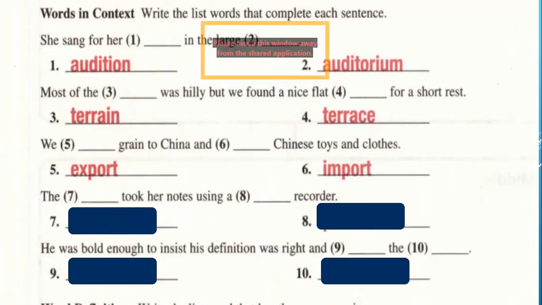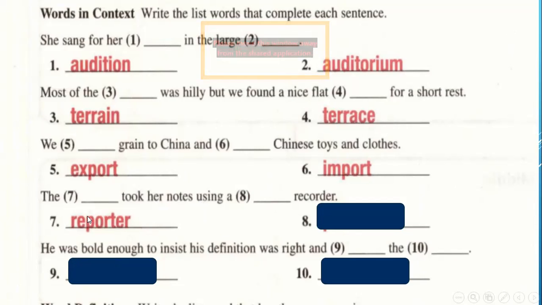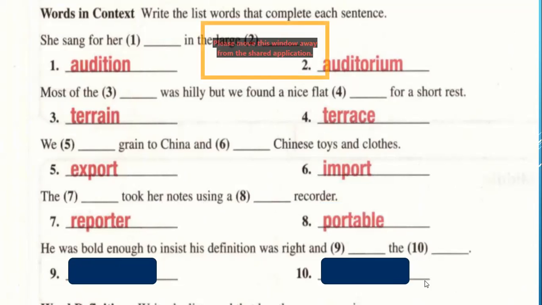I took her notes using a recorder. A recorder is something that you can carry and use. And number 7, it's a job. The reporter took her notes using a portable recorder. Okay.